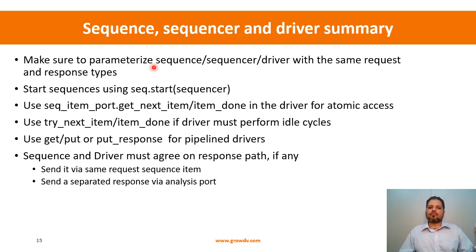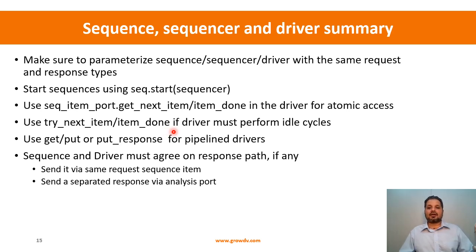Make sure to parameterize the sequencer and driver with the same request and response types. And then the sequence must be started with sequence.start(sequencer), and then you use the sequence item port or get_next_item and item_done in the driver for atomic access, meaning one after another. And you can use try_next_item and item_done.